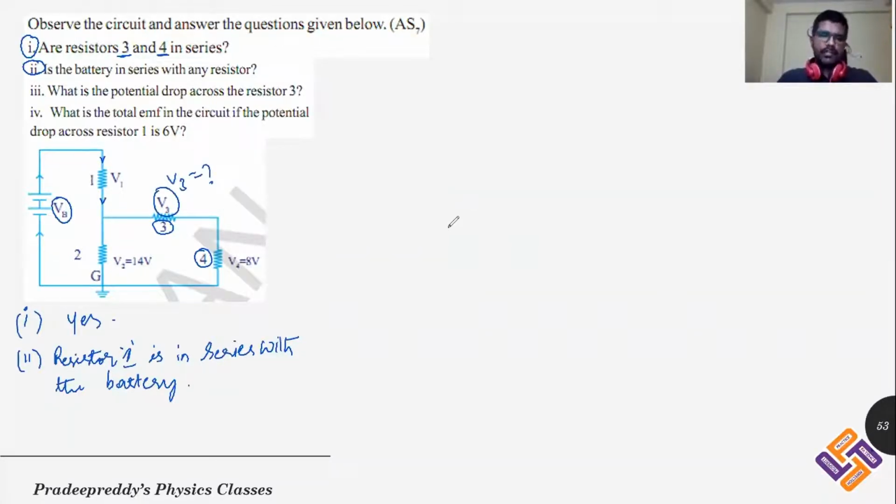For that, I'll mark this point as P and this point as Q. Coming to the third question, VPQ is equal to 14 volt. This is given in the question, from P to Q.